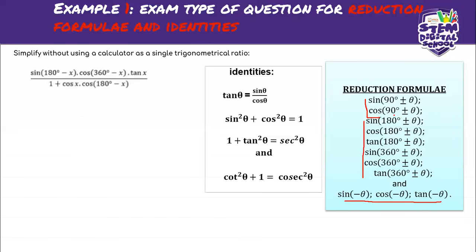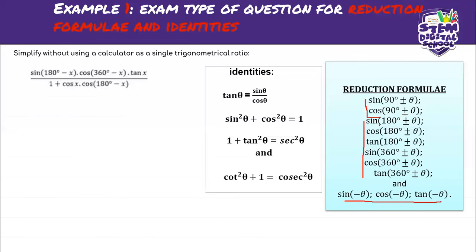But why negative in that one? It is because 90 plus theta is in the second quadrant. Then our cos in that quadrant is negative. Hence, we are having negative sine theta. Then we have cos into 90 minus theta. Our answer is sine theta. And then we are done.